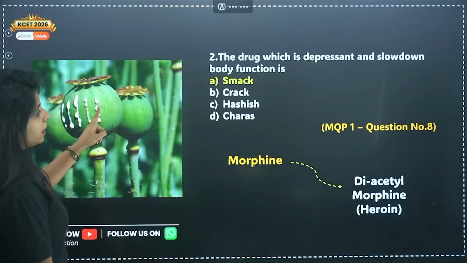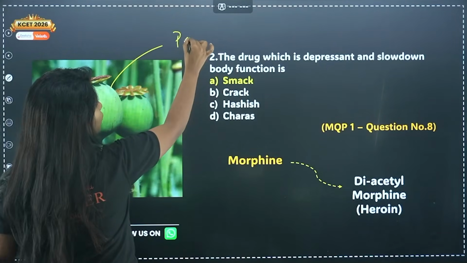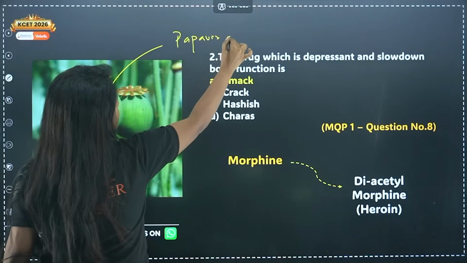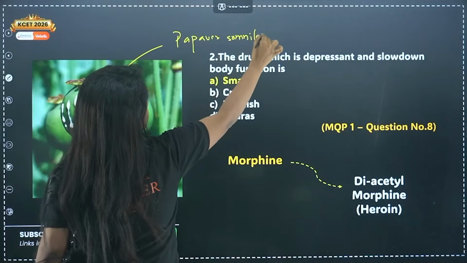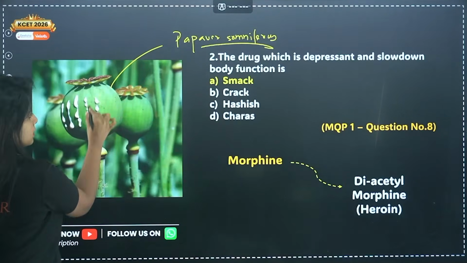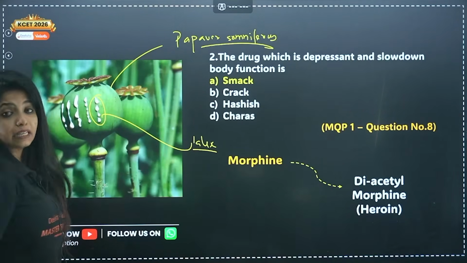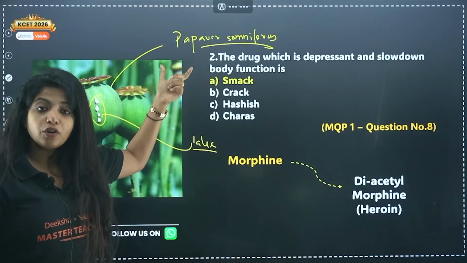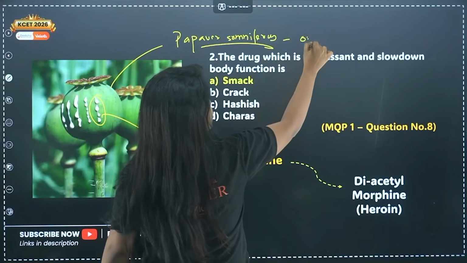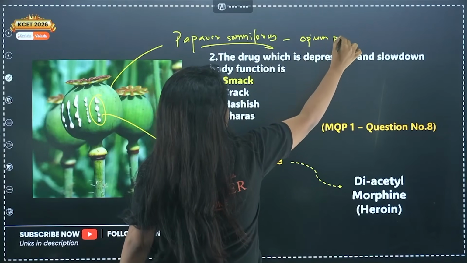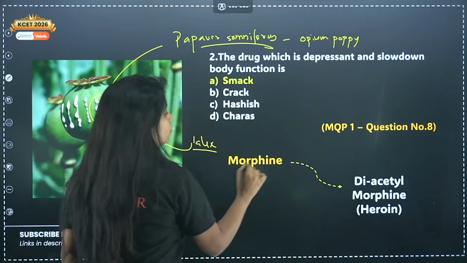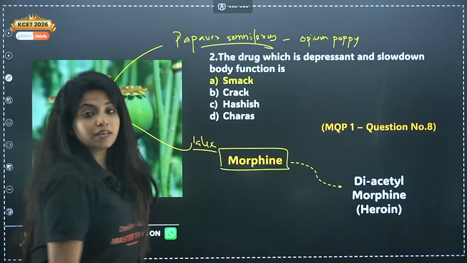So this is a plant. Its name is Papaver somniferum. Now the thing that is released over here, you call this the latex. So from the latex of Papaver somniferum, or opium poppy, you get your first drug, which is morphine.